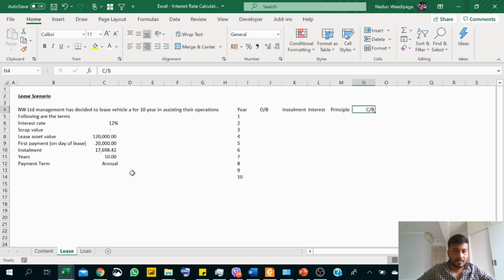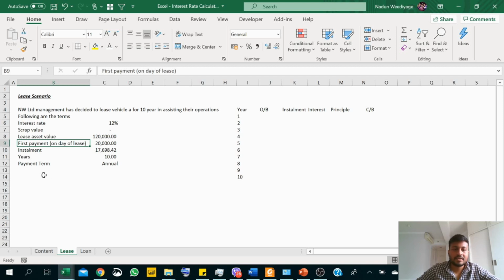One thing you have to remember here is that the first payment on the day of lease is like a down payment. So when you are calculating the interest or the installment, the down payment should be excluded because you are paying it at the time of purchase.